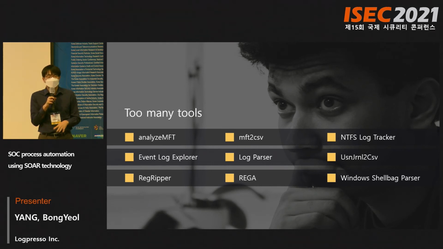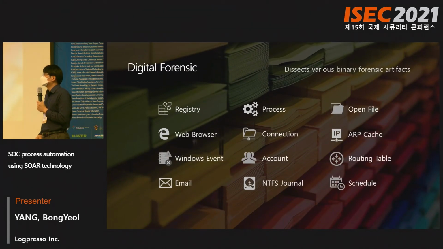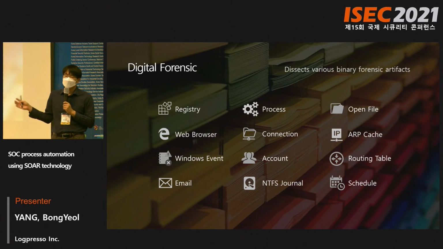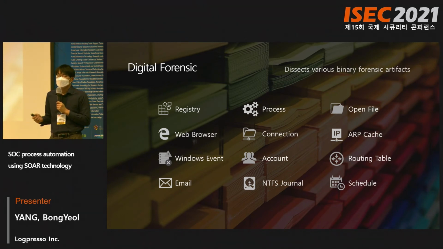And not just that, they do not provide all the demanded features. You also need to install separate tools to analyze different artifacts, which is very complicated. But as for Logpresso, whether it's Windows or Linux, all the forensic artifacts are analyzed.